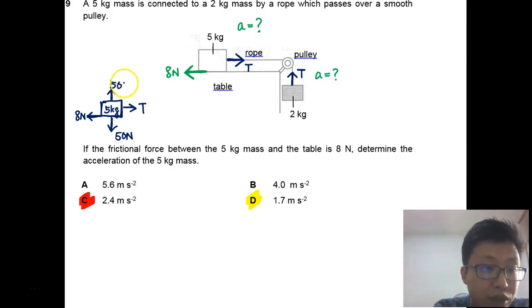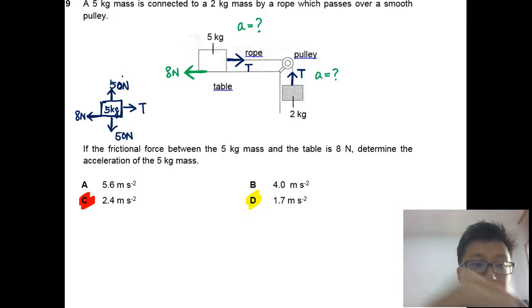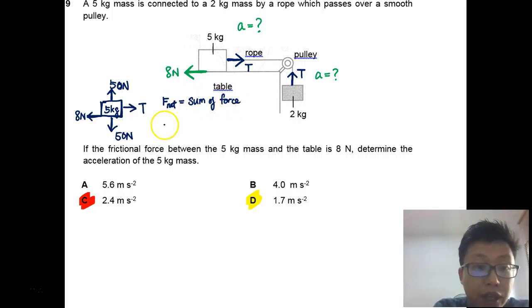I'm just drawing it for the sake of completeness. They will balance off each other, meaning that for my F net equation, like I said, the step is always the same. I will always write down the two expressions for F net.